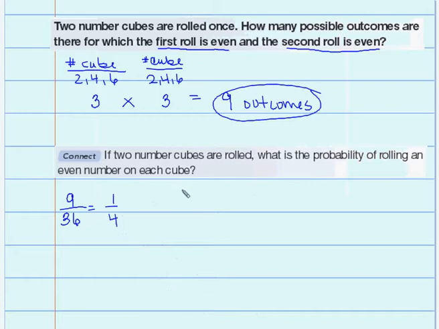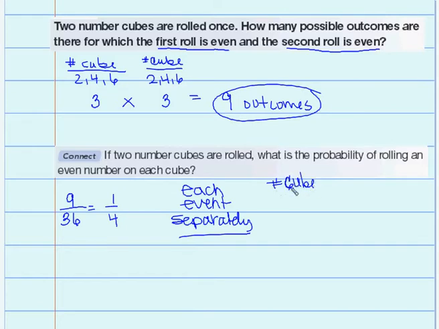But we can also look at each event separately. On the first number cube, what is the probability of getting evens?